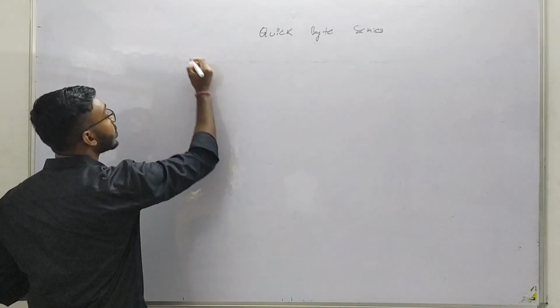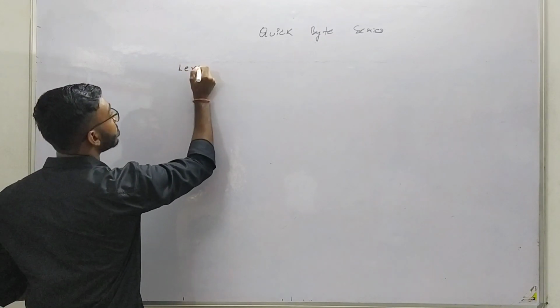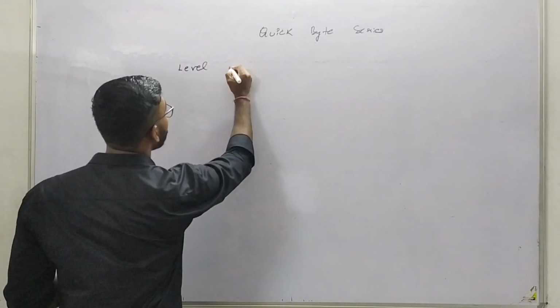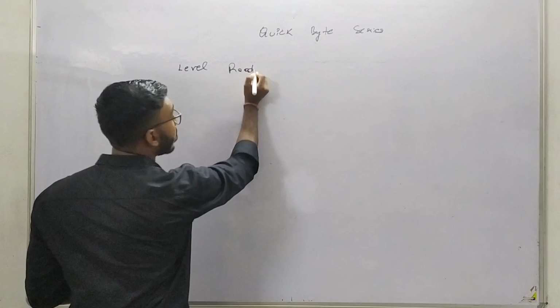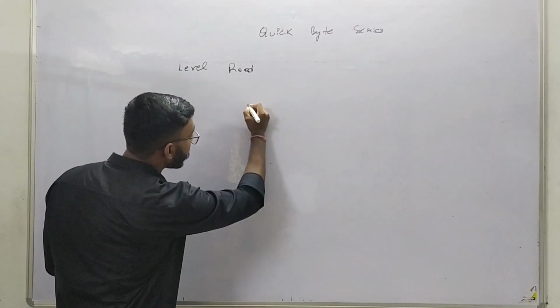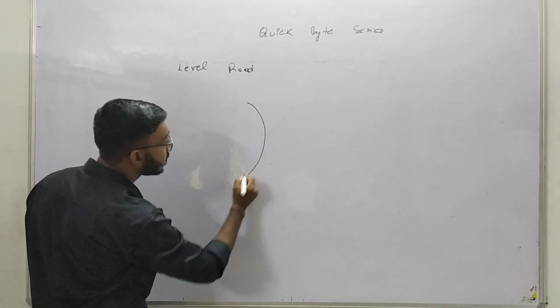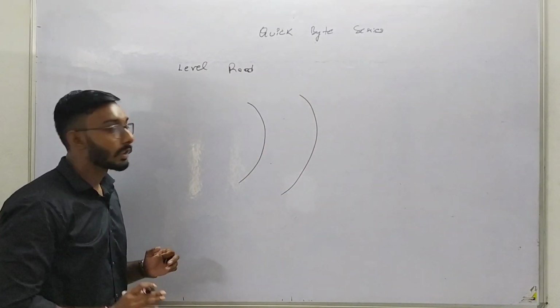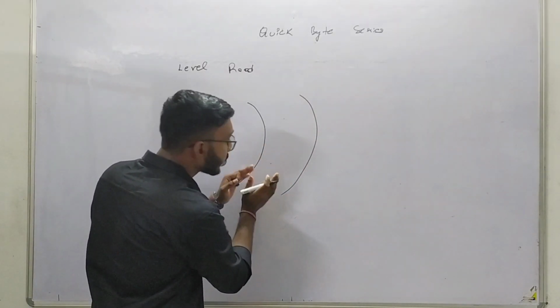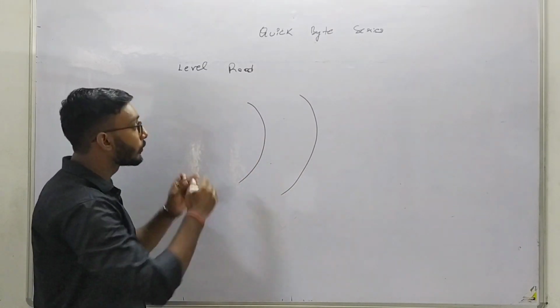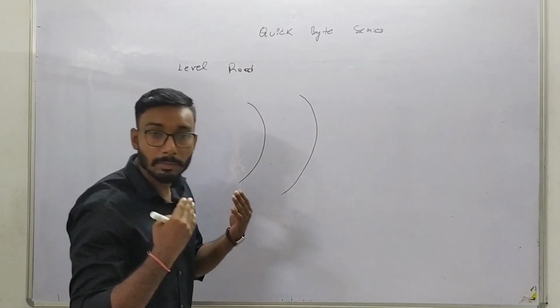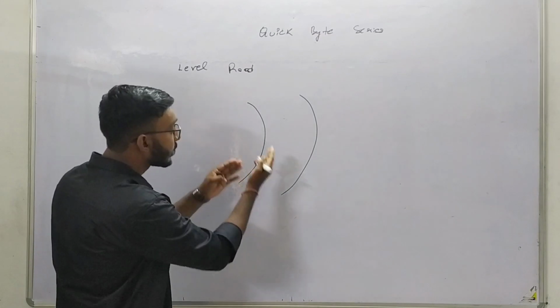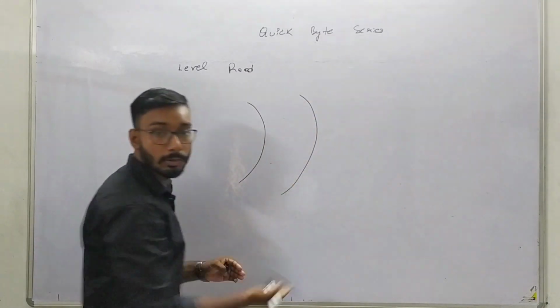For a level road, suppose a road is along the horizontal. If a car wants to take a turn, we will find the maximum speed at which the car can make this turn without skidding out of the road.